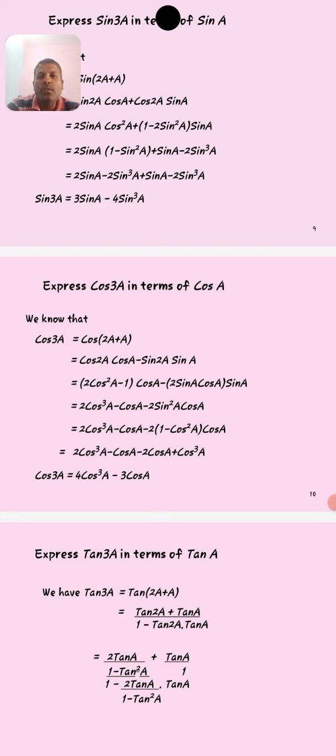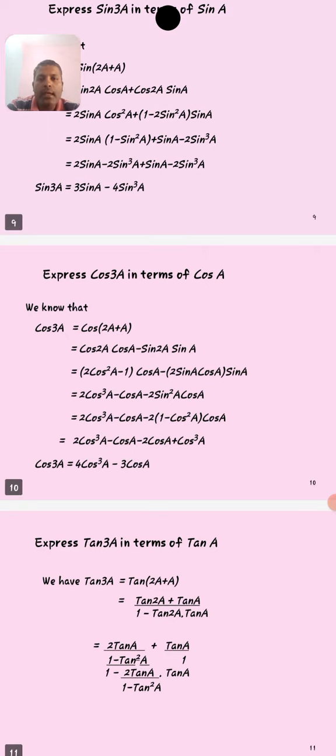Now 2 cos square a into cos a gives 2 cos cube a, minus 1 into cos a, minus 2 sin a into sin a, 2 sin square a into cos a.